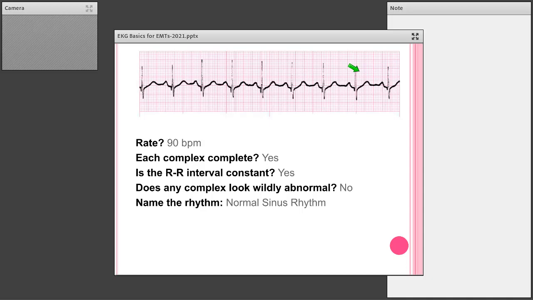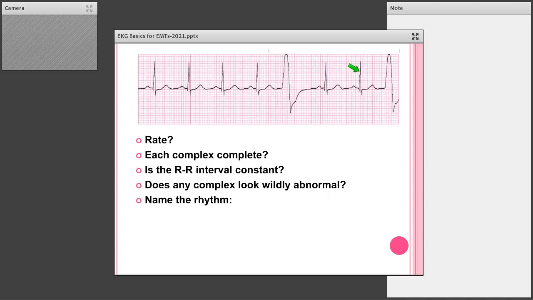Next one, we're going to do the same thing. We're going to count a rate, look and see if there is a P wave for every QRS complex, if the P wave is upright and looks the same in each one. Is it a regular R to R interval?